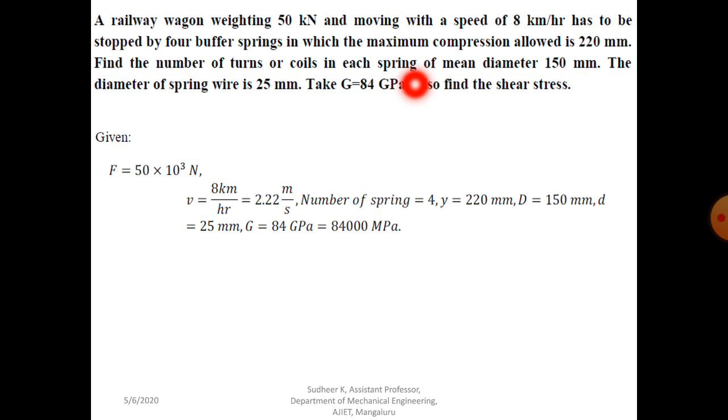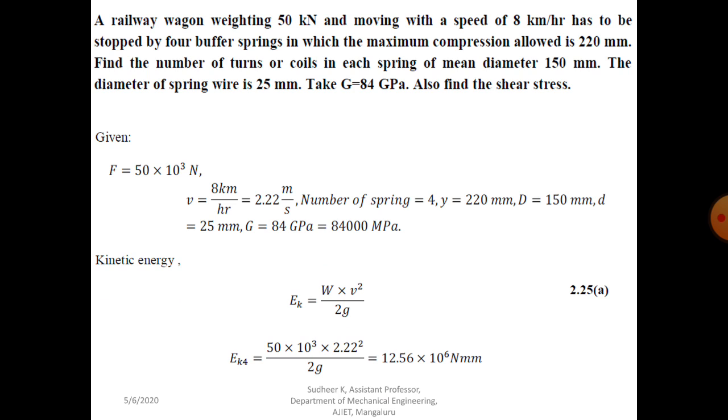The mean diameter of the spring, or we call it the coil diameter, is capital D, 150, and the diameter of the spring wire is small d, 25 millimeter. The modulus of rigidity is G equal to 84 GPa. So you have to convert into Newton per millimeter square. It is nothing but 84 into 10 to the power 3 Newton per millimeter square.